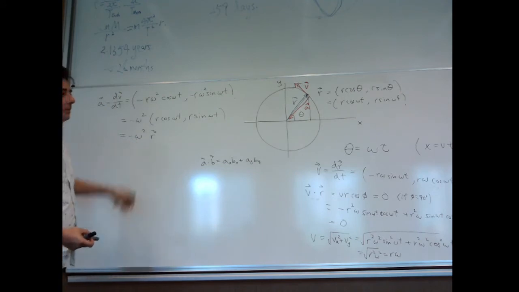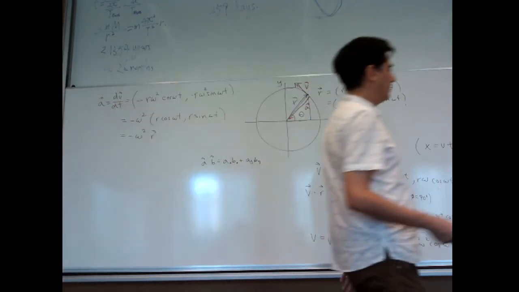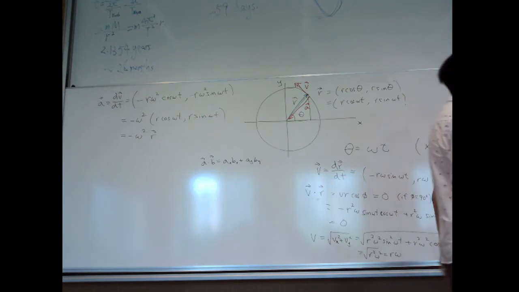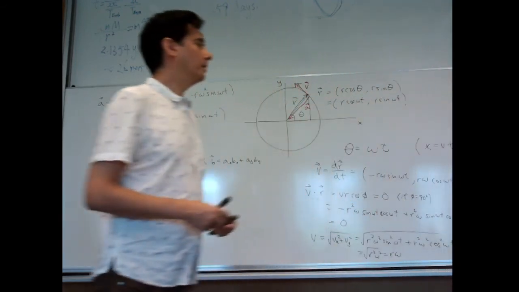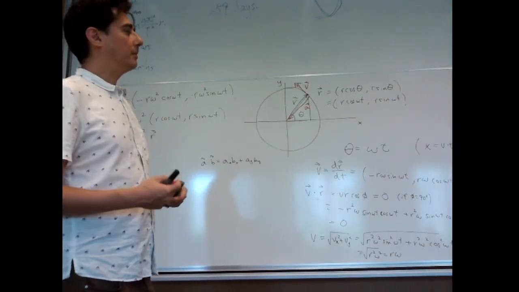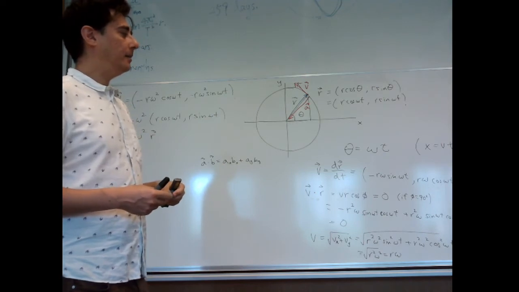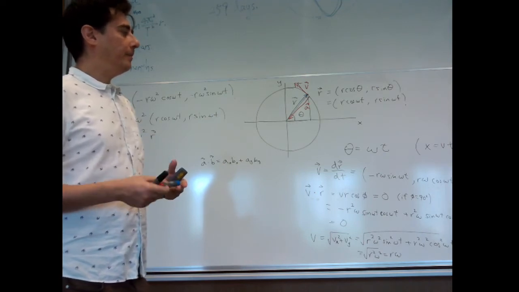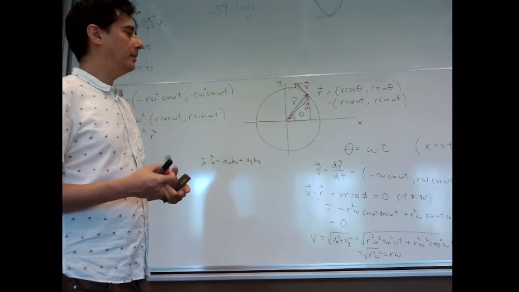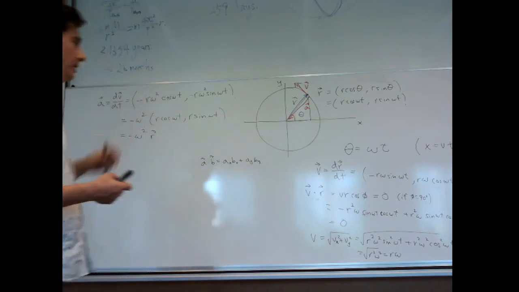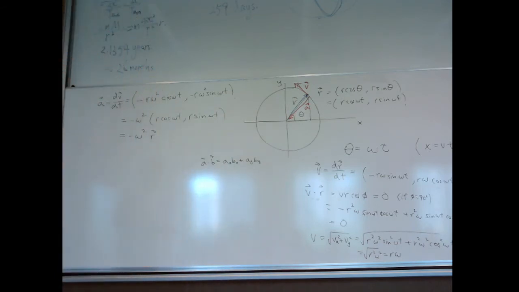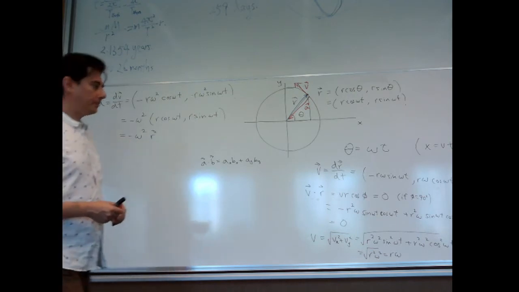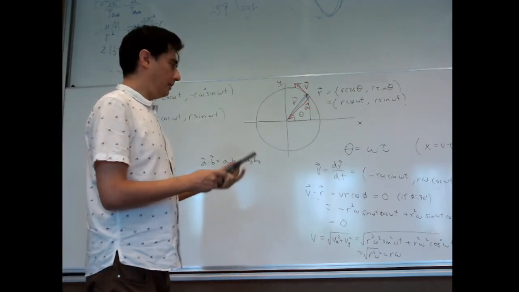All right, so we've got this relationship, and basically acceleration is pointing in the opposite direction up to some constant, and we can also relate it, in terms of the magnitudes, to the velocity.